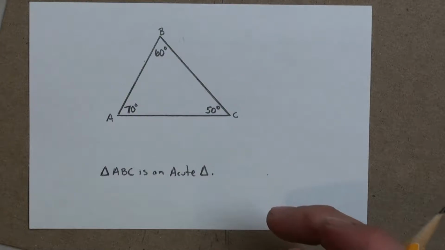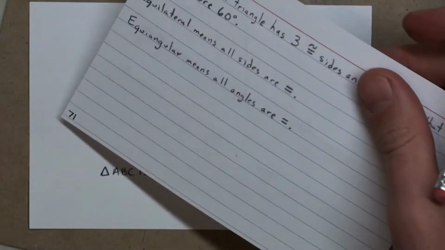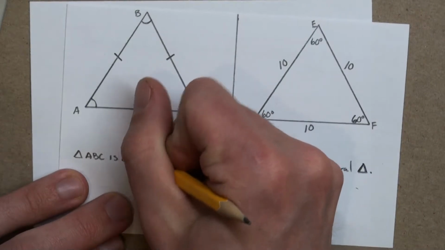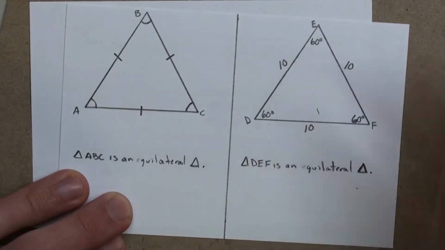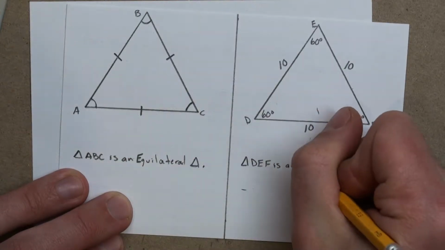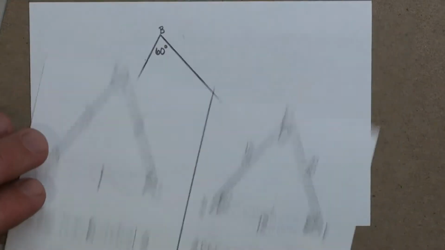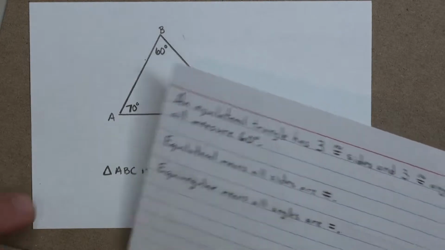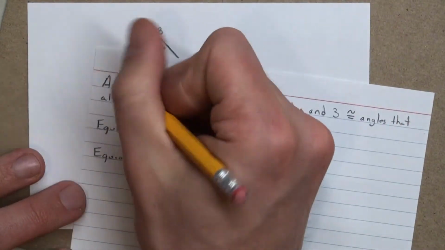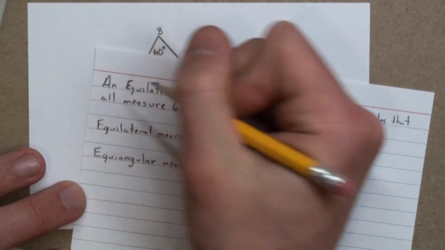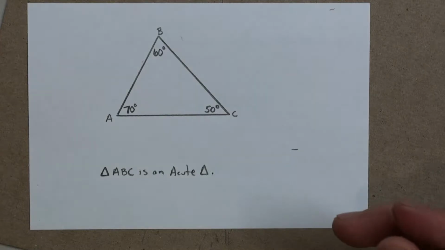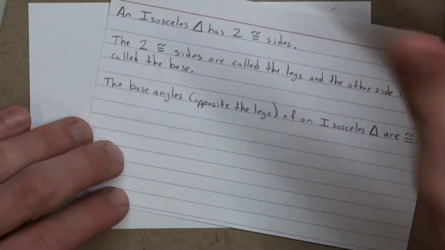Now I just want to go back to card 71, and we really should be capitalizing the names of these. So that's card 71. I'm going back to card 70 now.